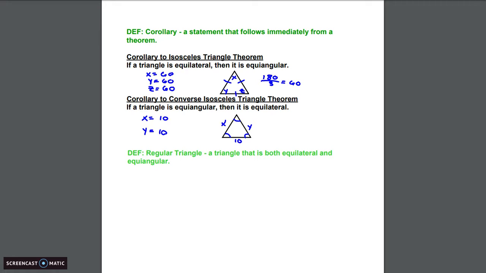Corollary. This is a statement that follows immediately from a theorem. So it's like, all right, well you have that theorem, oh, the corollary. There you go, now you know that's going to happen. So here's one of the isosceles triangle theorem: if a triangle is equilateral, then it is equiangular.